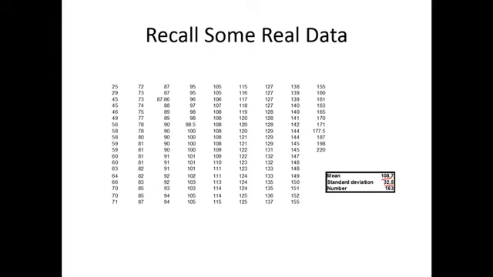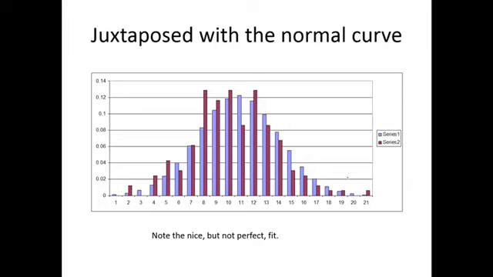It has a mean of 108.7 and a standard deviation of 32.5, and there are 163 pieces of data here, a population of 163. Again, here is the graph where we juxtapose the normal with the actual data. It's nice, but it's not perfect. But can this still be useful?